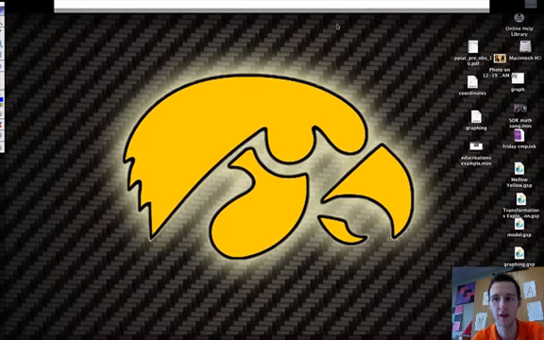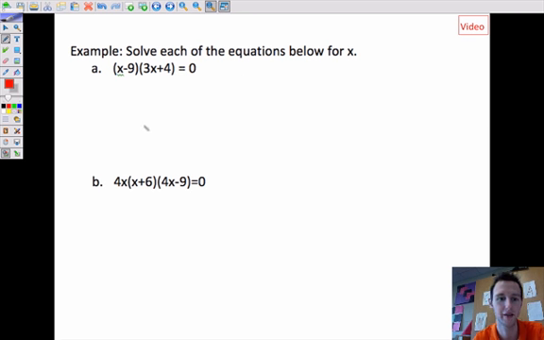This first one is already in factored form. So now all you need to do is solve each for x. And this is where we use the zero product property. So we have this, x minus 9, times this, 3x plus 4 equals 0. That means that in order for this whole thing to equal 0, one of these two pieces has to equal 0. So how we would solve this is we would take each piece and set it equal to 0.